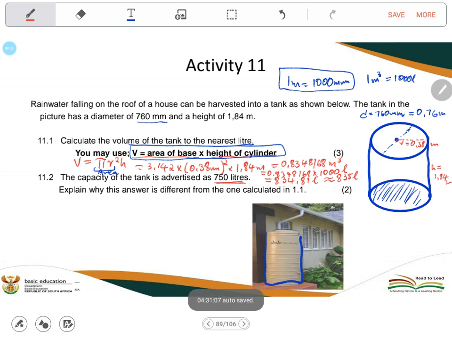This question has nothing to do with the calculation, but rather with understanding why we do things in real life the way we do them. If you go to any container, be it one for a soft drink or cold drink, you'll see that the bottle is not full to capacity.